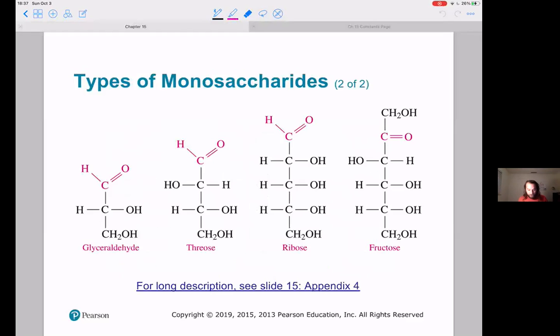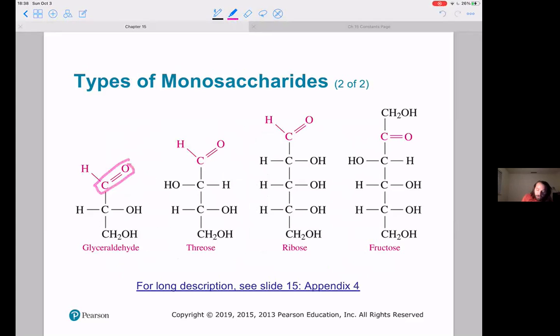So for example, we have glyceraldehyde, threose, ribose, and fructose here. You're not supposed to have memorized that ribose has this structure. The important part is that we can analyze these as being aldoses or ketoses, and then the number of carbons: tri, tetra, pent, hex. So glyceraldehyde, the name kind of gives it away.